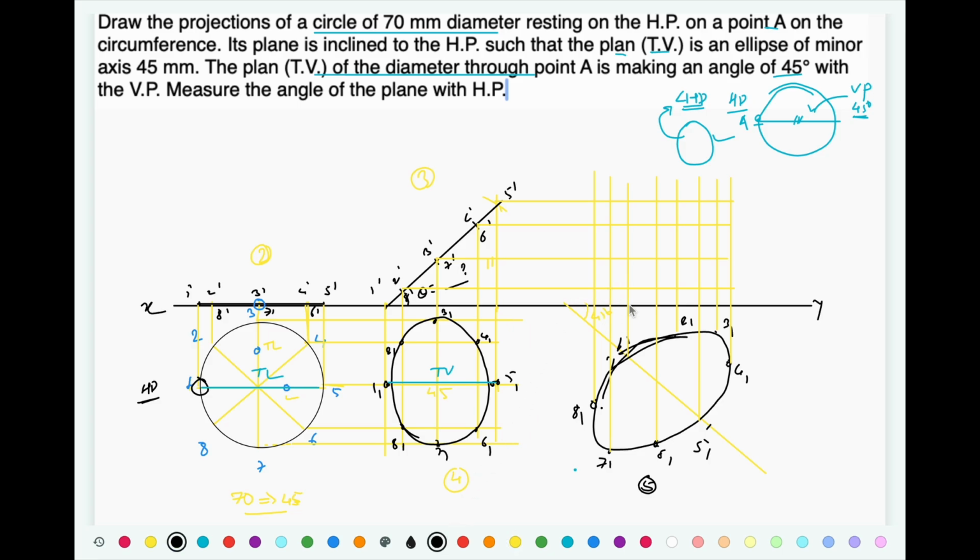So this is 1 1 dash, this is 2 1 dash, this is 3 1 dash, this is 4 1 dash, not this one, this one, 5 1 dash, 6 1 dash, 7 1 dash, and 8 1 dash, and connect all the points and complete the view. So this is the final view.